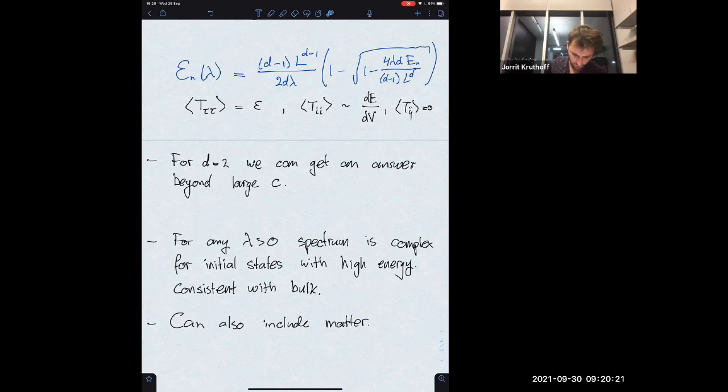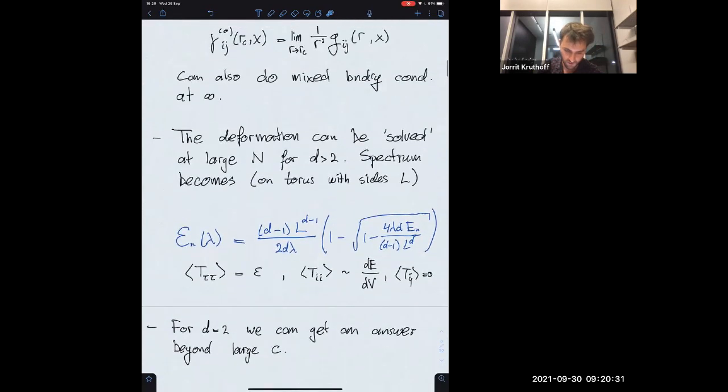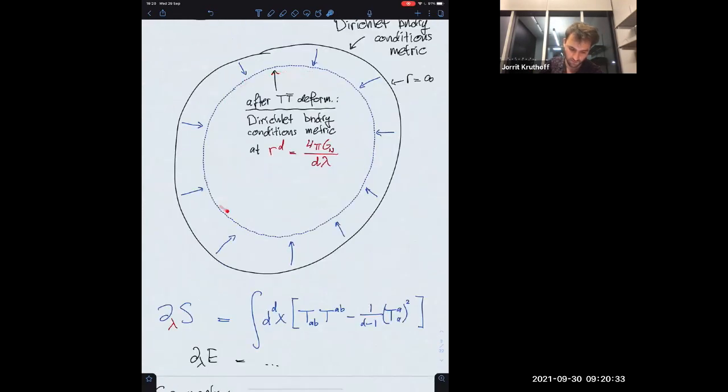The final thing I want to mention, though I'm not going to delve into it, is that we can also include matter. I just talked about putting Dirichlet boundary conditions for the metric at some radius, but you can also include, say, a scalar field or some gauge fields in the bulk, and put Dirichlet boundary conditions at that same radial slice.